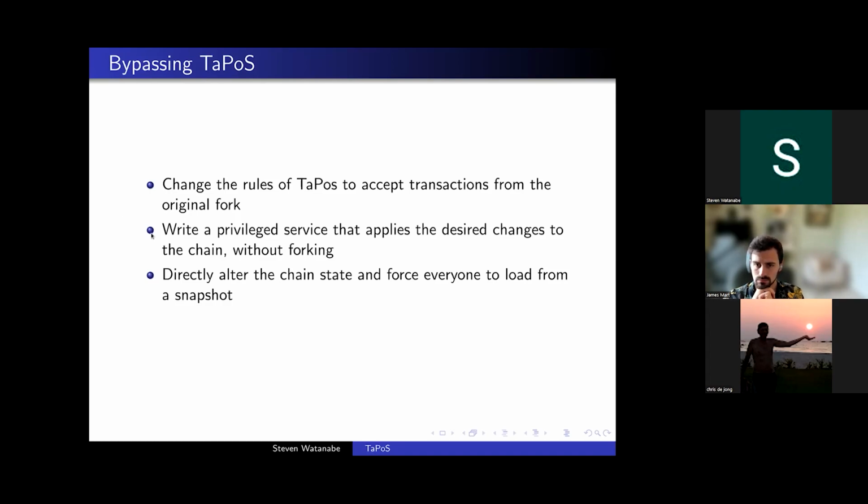Basically, we want people to choose the second option here and write a privileged service because it leaves a clear record of what happened and it can be controlled by on-chain governance. Since this is what we want people to do, we want it to be the easiest and simplest option. And TaPoS makes forking more difficult and thus pushes people towards the options that give better results in the long run.